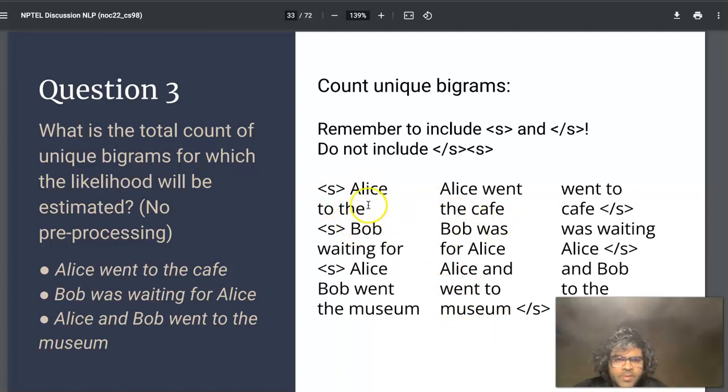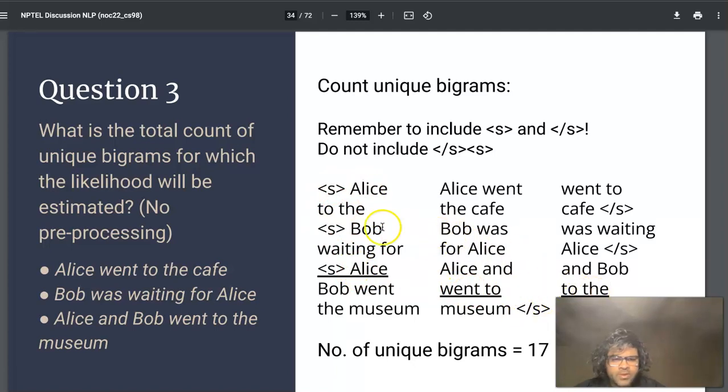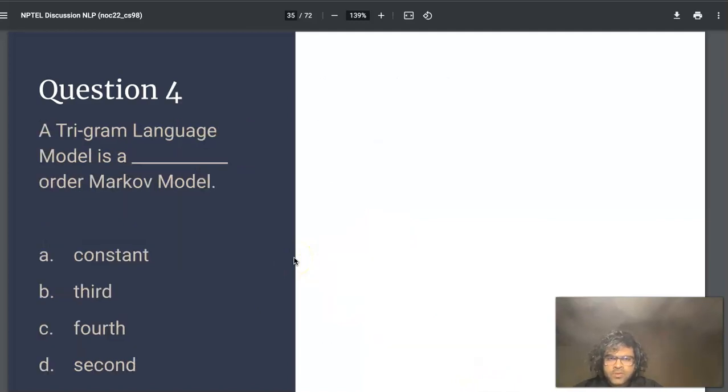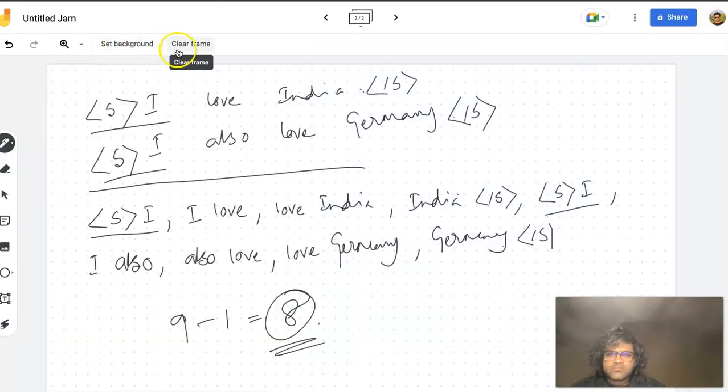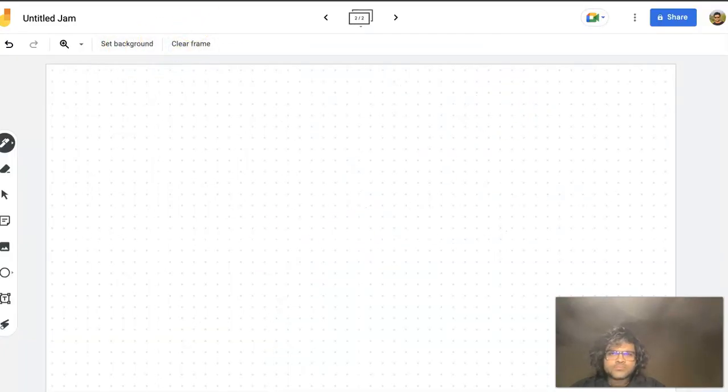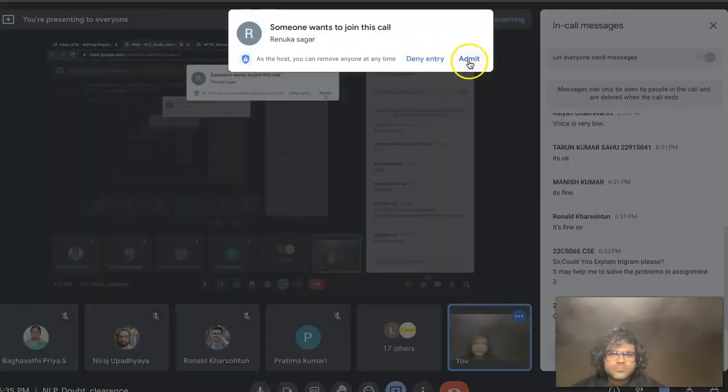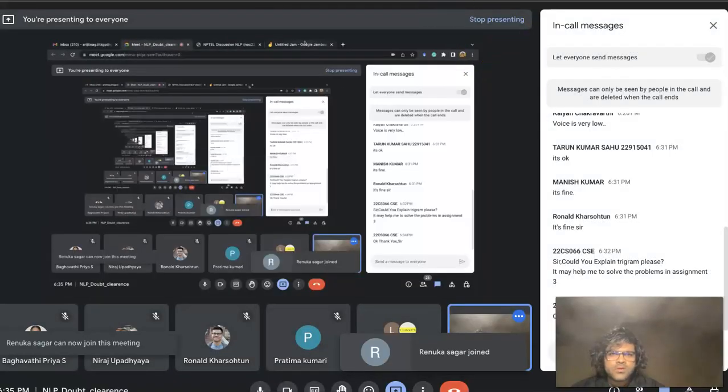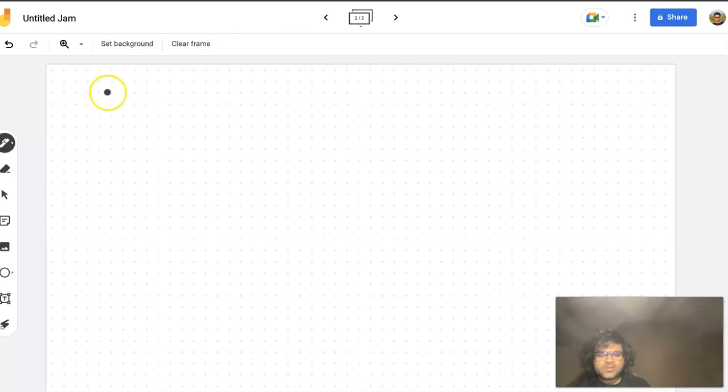Some of these are repeating, so the total is 70. Till now it's okay. The trigram thing is basically the same.